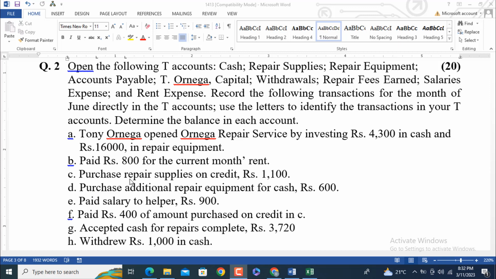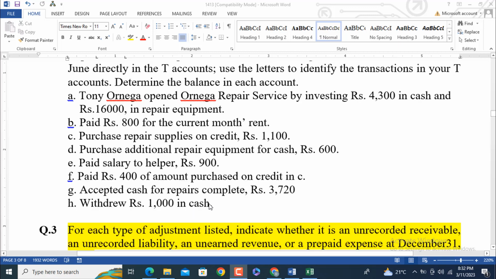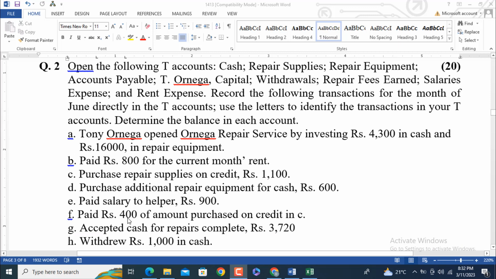June. Purchased repair supplies on credit for rupees 1,100. Purchased additional repair equipment for cash, rupees 600. Paid salary to helpers, rupees 900, again salaries expense account. Paid rupees 400 of the accounts payable from the purchase on credit in transaction C. In this transaction, of the 1,100, we reduce our liability by paying an amount of rupees 400.